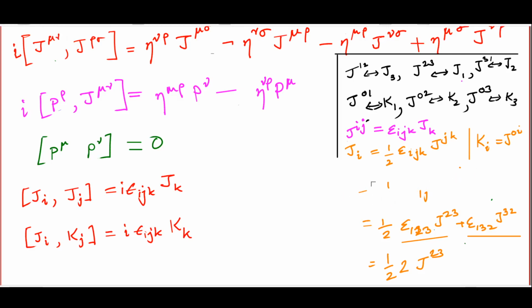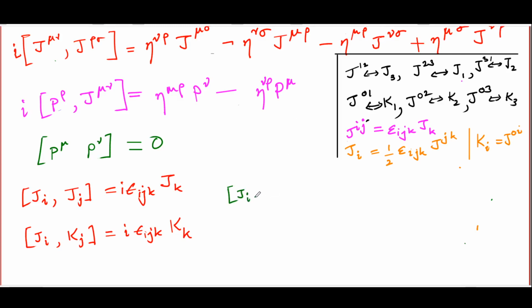For this, once again, let's get rid of this extra working. And let's try calculating the commutator algebraically. So we are going to try calculating Ji's commutator with Kj and essentially end up proving this result hopefully.